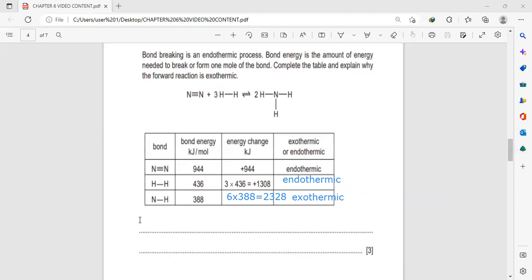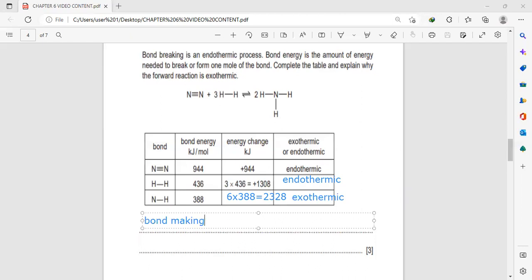The question, why the forward reaction is exothermic? So you are going to calculate the energy change value. First of all, we are going to write bond making or bond formed. Bond making, there is N triple bond N. There is only one molecule.